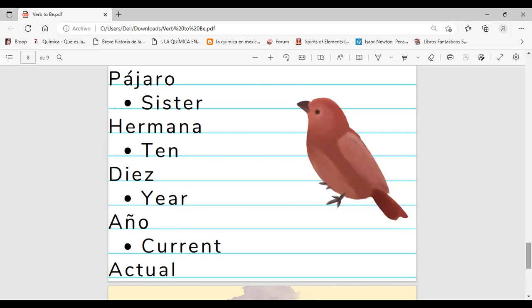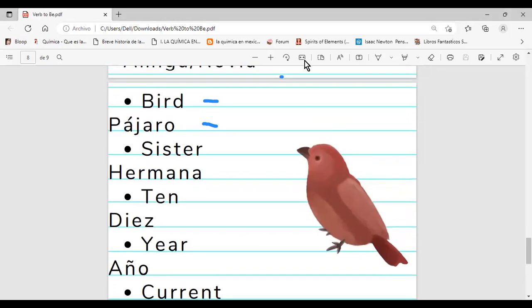Make sure to write your vocabulary on your notebook. You have to make a drawing, un dibujo, a sentence, and the meaning. So, word, sister, meaning, hermana, y un dibujo. For example, in here, I did the one with bird.